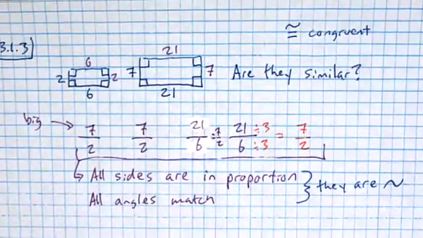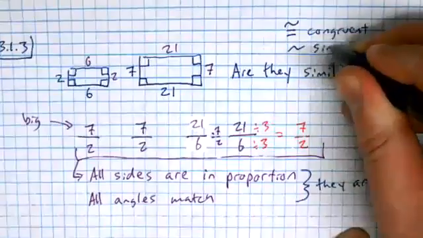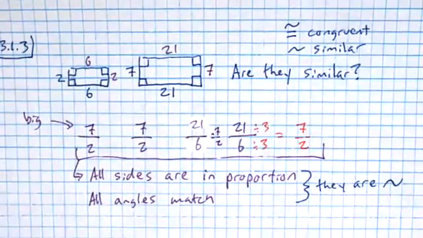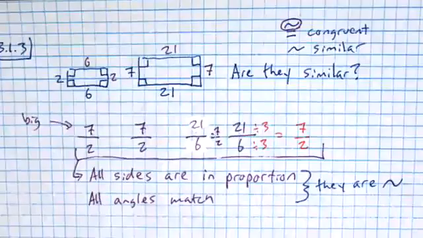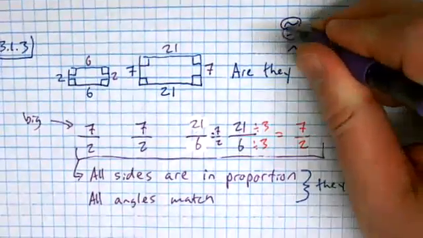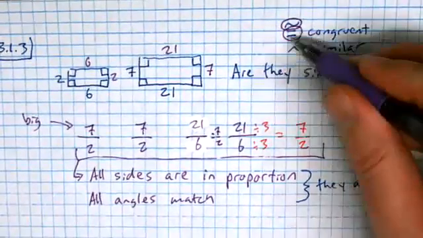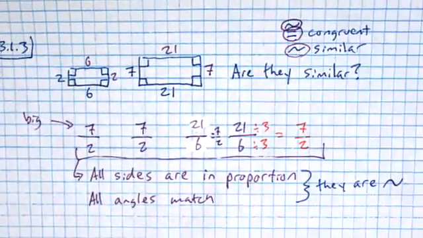Same size and same shape. Similar means just the same shape, right? And I think this is kind of interesting that they chose these symbols because this is the same shape part of congruent, right? And the equals represents the same size part of congruent. Similar doesn't have the same size, just the same shape. You see how it's kind of part of the congruent thing?